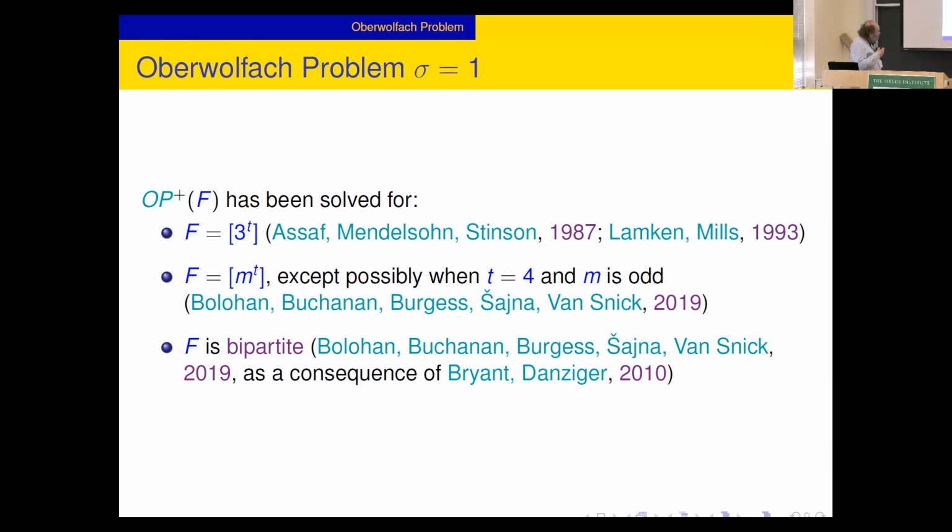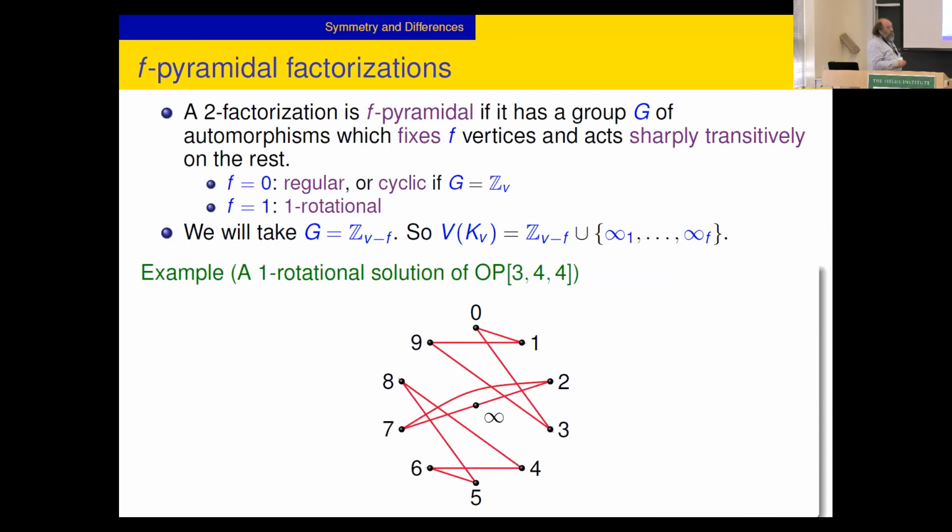And then more recently, we have this uniform case with a possible exception. And then from the bipartite case, the standard Hagfist doubling type construction gives you some existence results in that case.